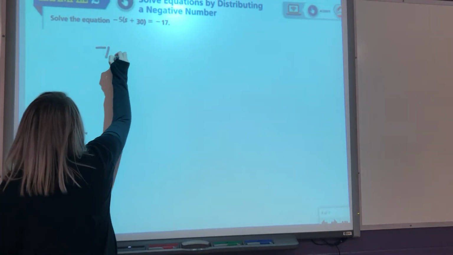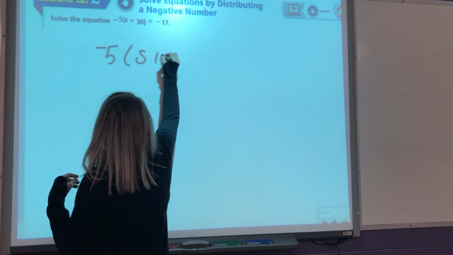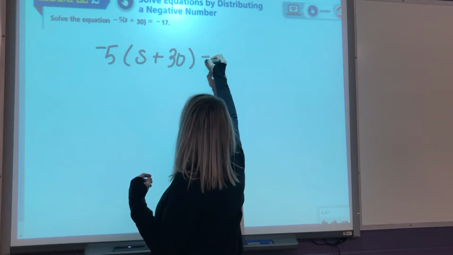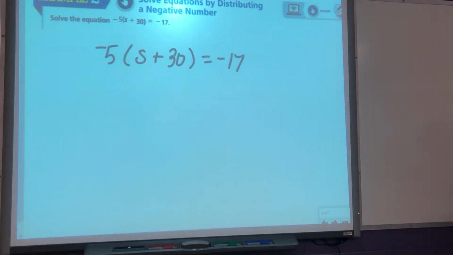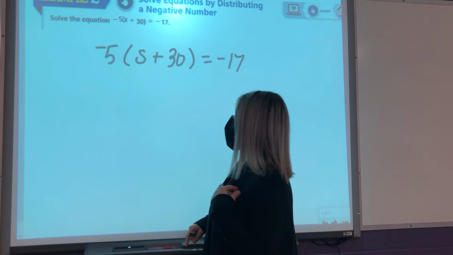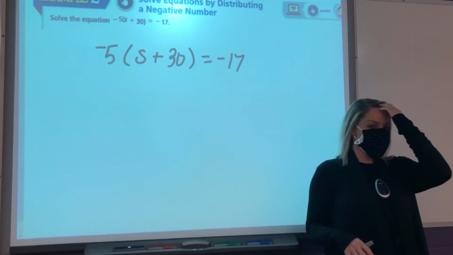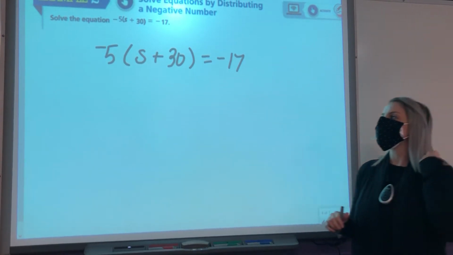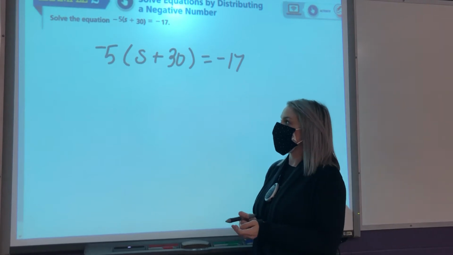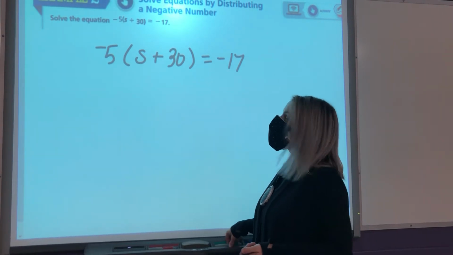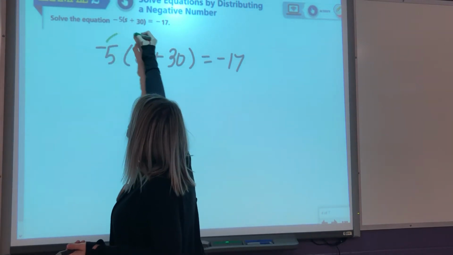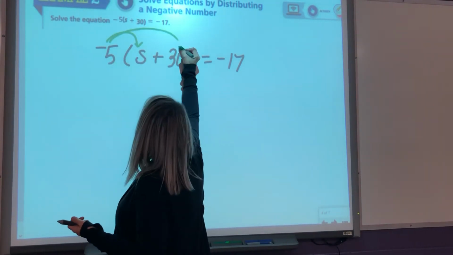So what do you want to do first? Go ahead, Alex. Are you going to multiply negative 5 by s and then by 30? Yep. So we're going to multiply negative 5 times s and negative 5 times 30.